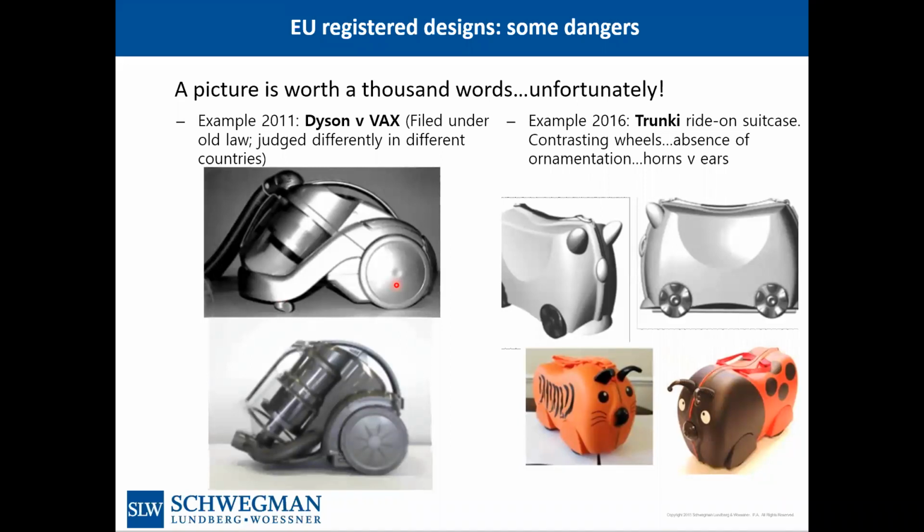Nevertheless, all the features that are in the photographs, and of course there were seven views showing different parts of the machine, including the hose and the wand, as it's called, are taken into account to assess the overall impression, and all the similarities and differences in the accused product are taken into account.